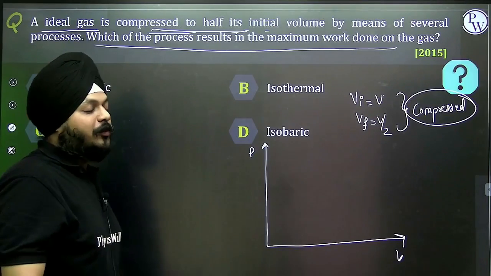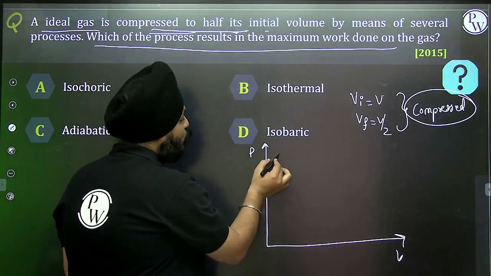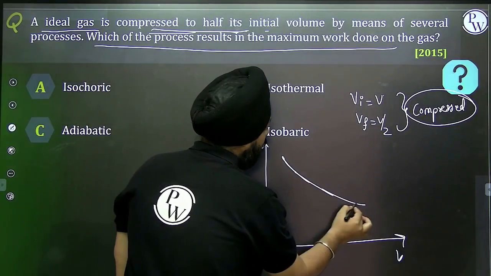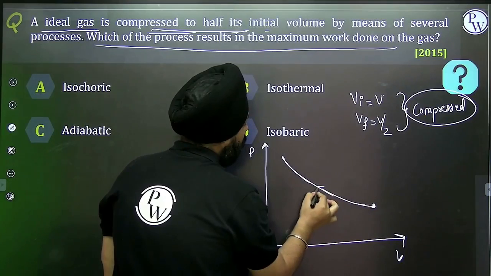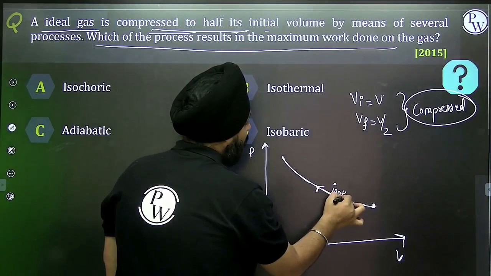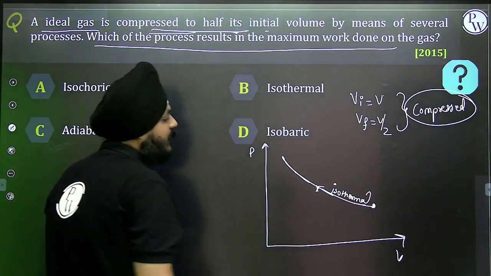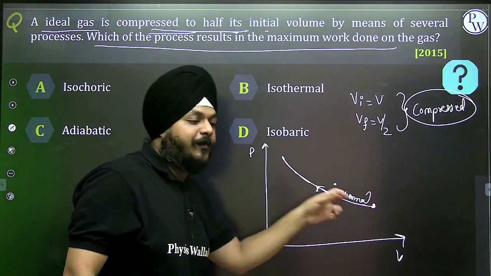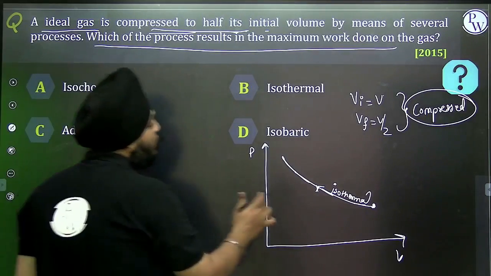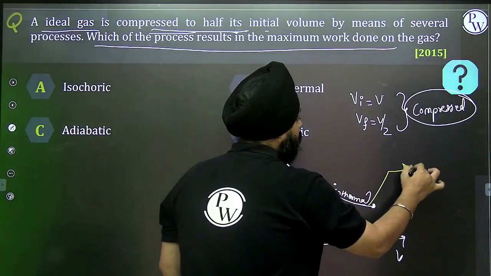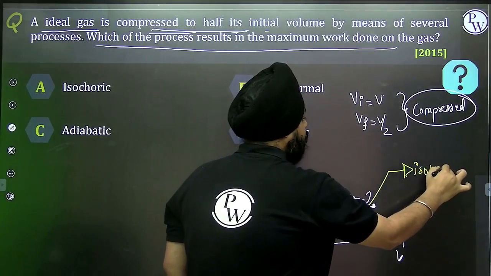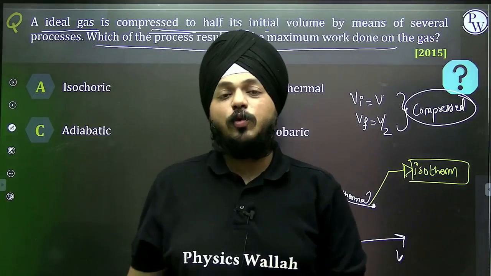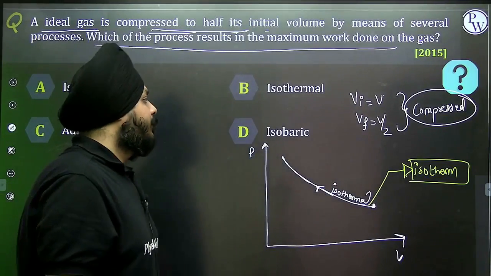According to the first law of thermodynamics, if I'm talking about an isothermal process, this is an isothermal process, and the curve that we have plotted is known as an isotherm.